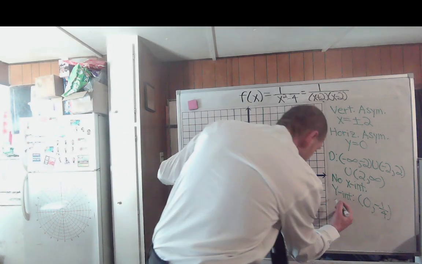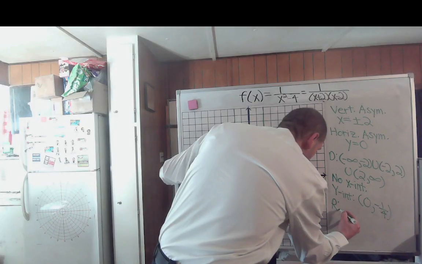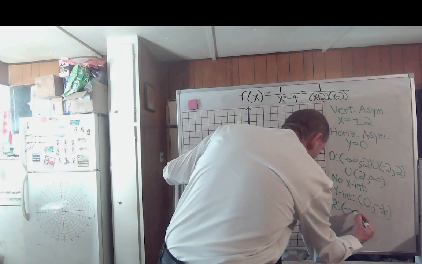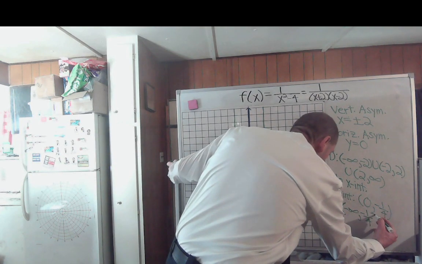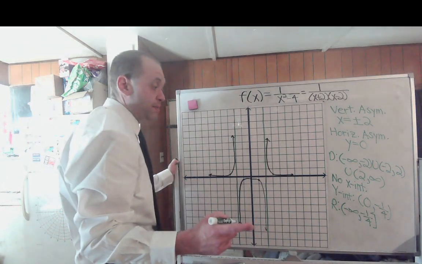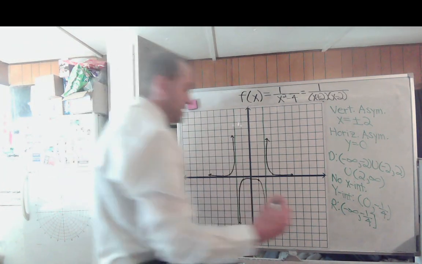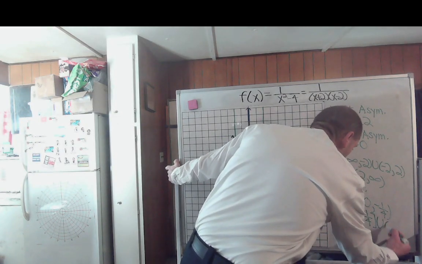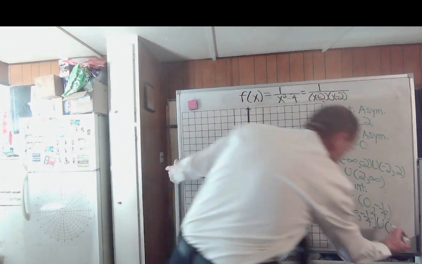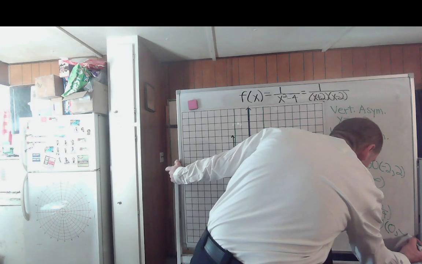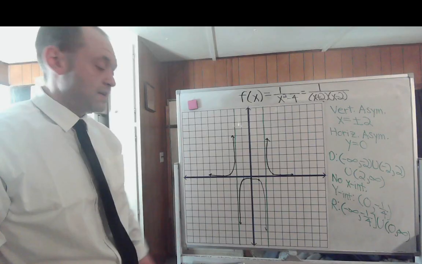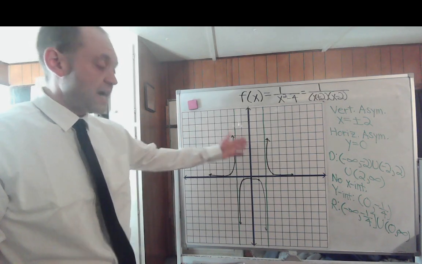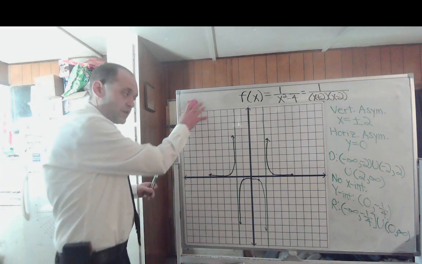So what's interesting is your range is going to be from negative infinity to negative 1/4 inclusive, because it actually equals negative 1/4. And then you go from 0 non-inclusive to infinity. So in between negative 1/4 and 0, you don't actually have anything. So sometimes graphing this will help you to answer what your range is.